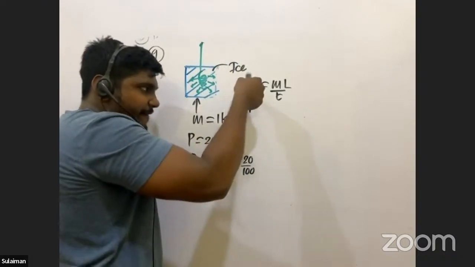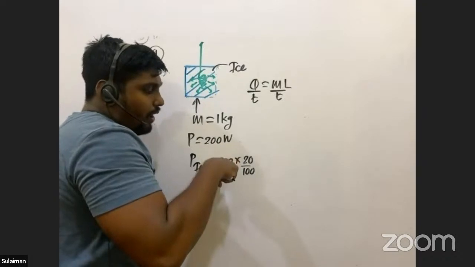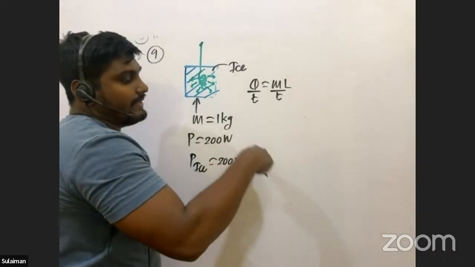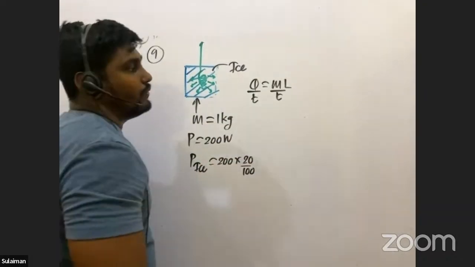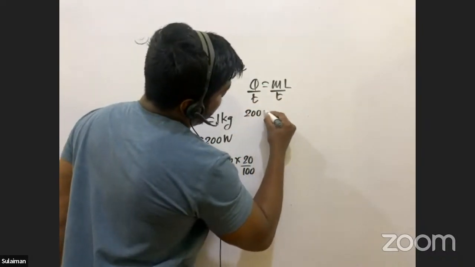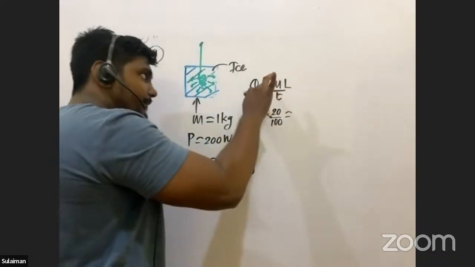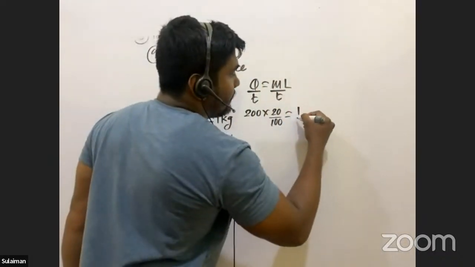Every 1 second, this ice cube absorbs 200 × 20/100 joules. So Q over t is this amount. Mass of the ice cube is 1 kilogram.